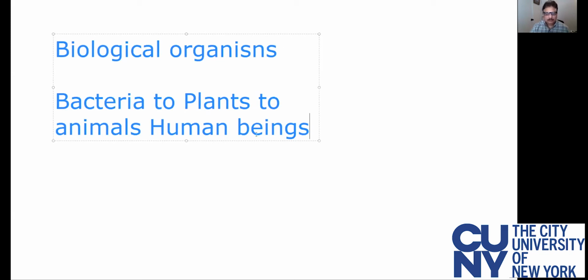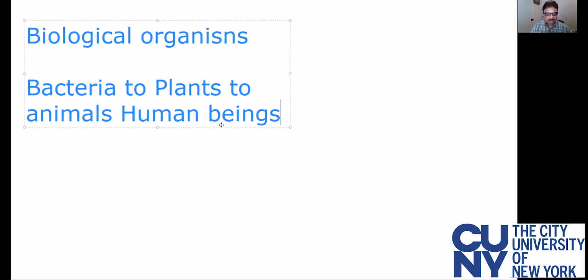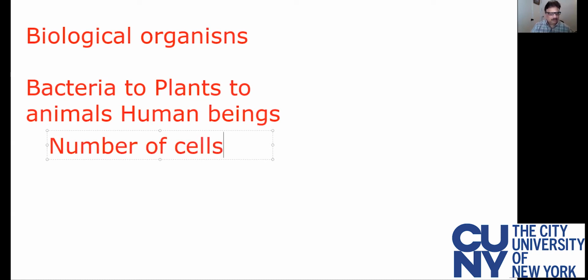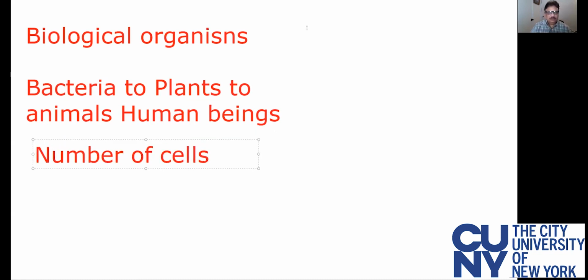So scientists or biologists have divided the living organisms in many ways. For example, all the living organisms could be divided on the basis of, let's say, number of cells.